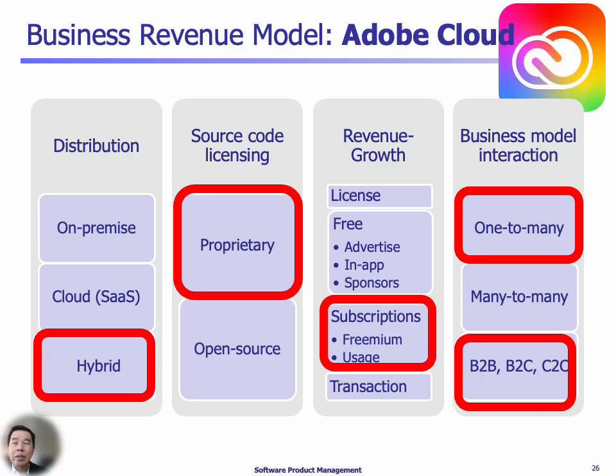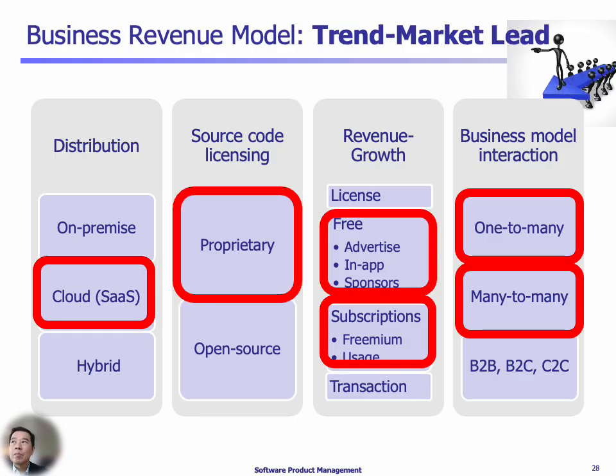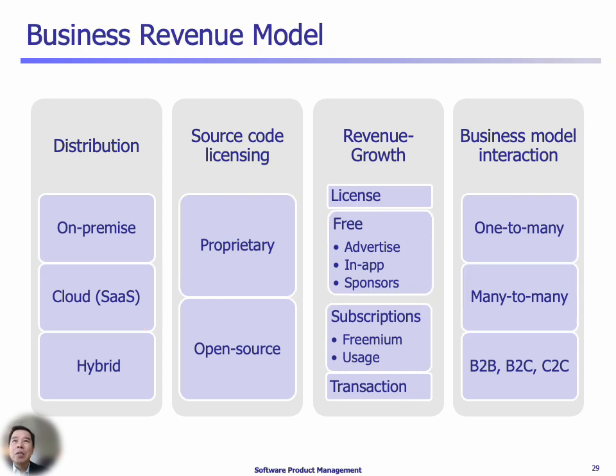It's proprietary software, subscription-based, and it's one-to-many to the customer, B2C. Red Hat is open source, subscription-based, one-to-many. The trend currently is for cloud, proprietary, free model or subscription-based, one-to-many and many-to-many. You can use this empty one to identify where your project lies.